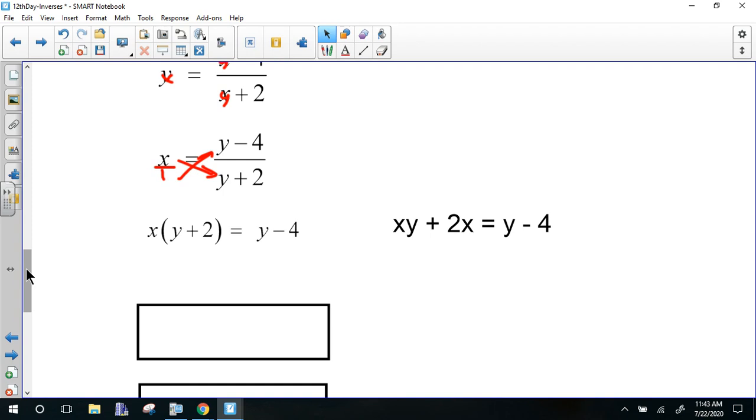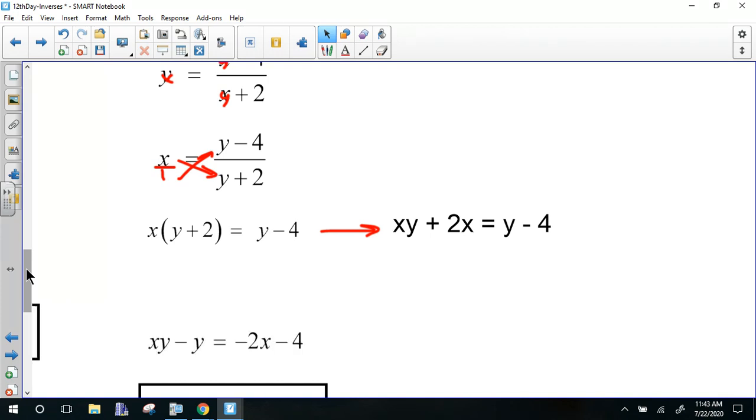If I do the distribution property, x times y, x times 2, I get this. Well, there's only one problem with that. I've got mixed variables on one side of the equation there.